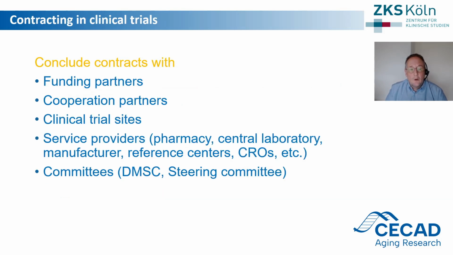You do conclude contracts with funding partners, cooperation partners, clinical trial sites, service providers like, for example, the pharmacy, central laboratories, the manufacturer, CROs, or with involved committees like the DMSC, the Data Monitoring and Safety Committee, or a steering committee.